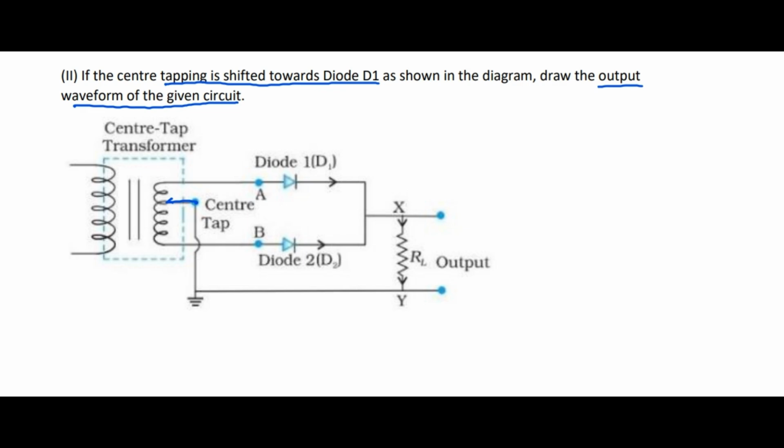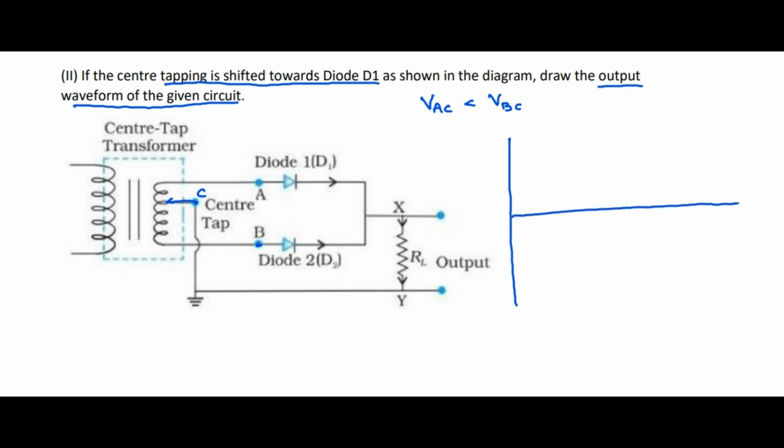Suppose this is the point C, then the potential difference between A and C is smaller compared to the potential difference between B and C. That means while we are getting the output from the diode D1, it should be the pulse with the smaller amplitude. While we are getting the pulse from D2, the pulse amplitude should be larger.